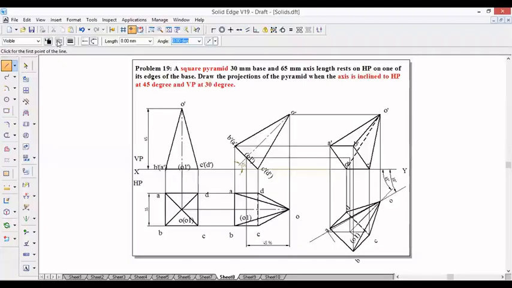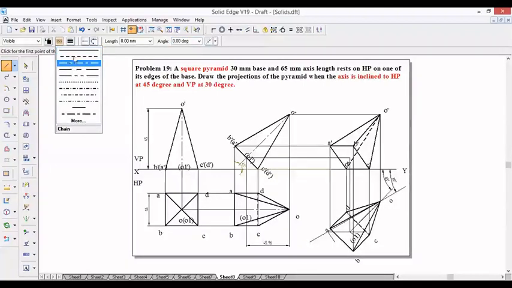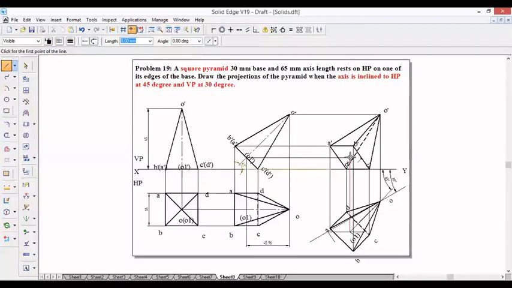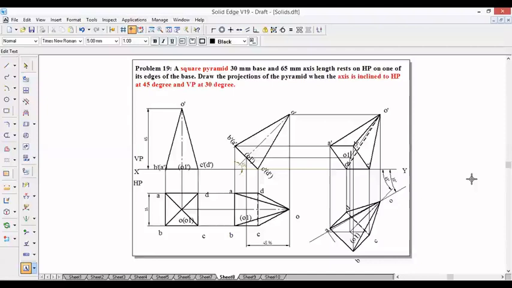Then let us show the axis line by a thin line, O to O dash, O1 dash to O dash, and O1 dash is going to be visible in the front view. So this is the solution for this example problem.